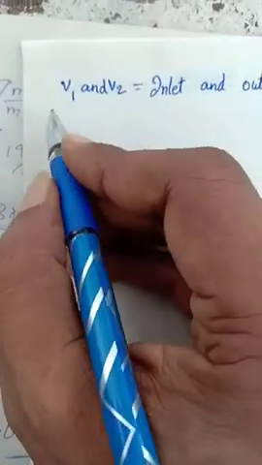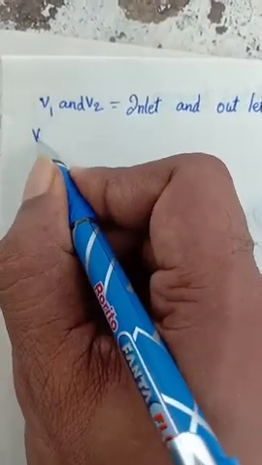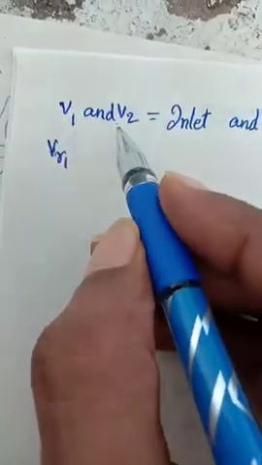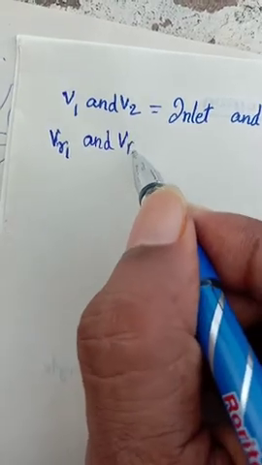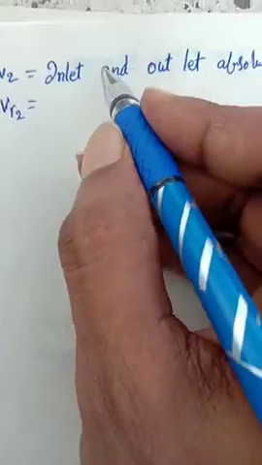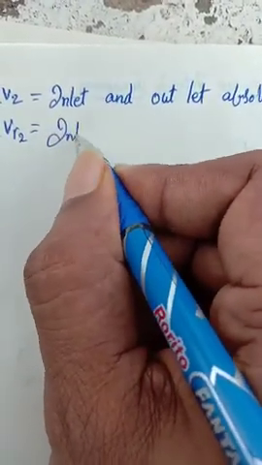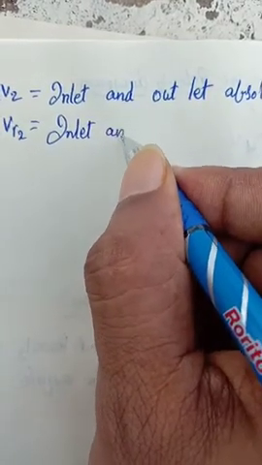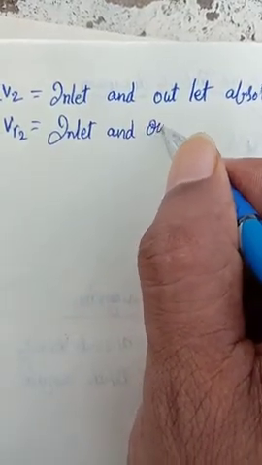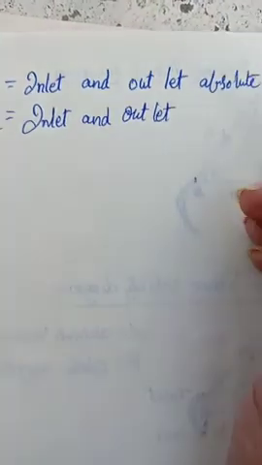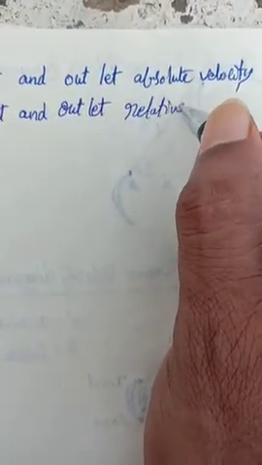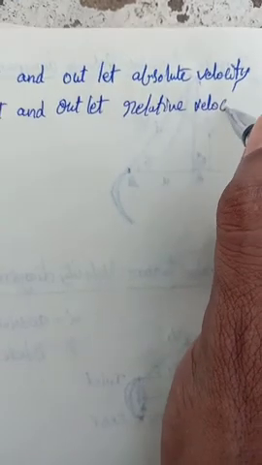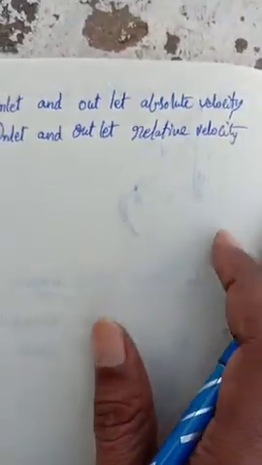And next we go to VR1 and VR2 is equal to inlet and outlet relative velocity.